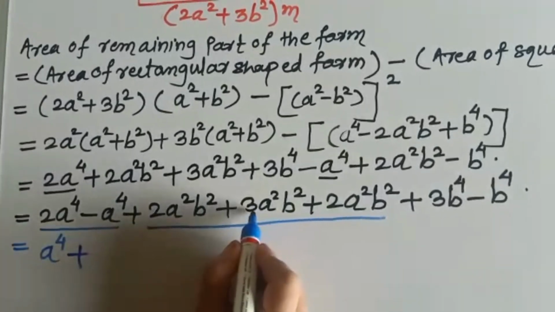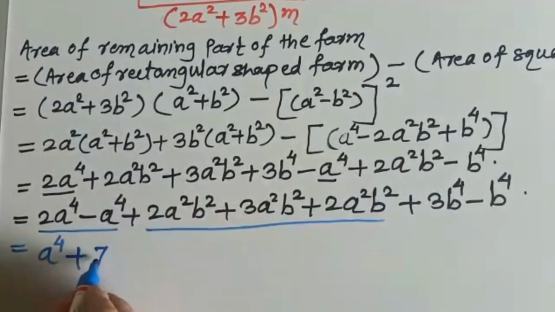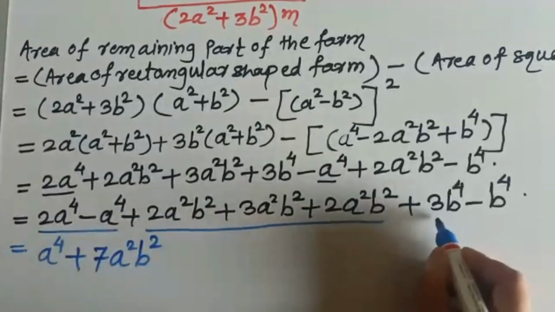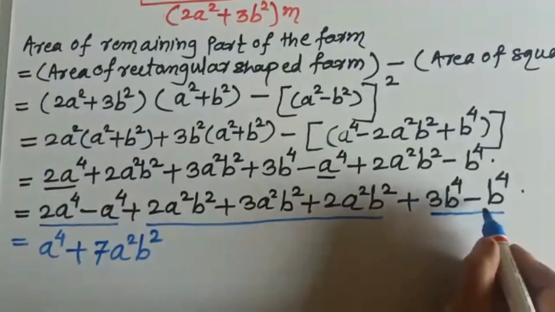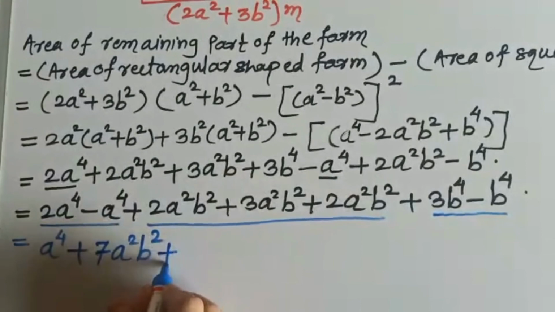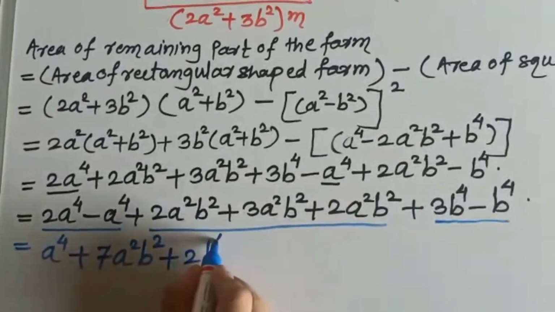So 2 plus 3 is 5, and 5 plus 2 is 7, so it is 7a square b square. Got it? Now for this last pair, 3b raised to 4 minus 1b raised to 4, 1 subtracted from 3, so plus 2b raised to 4 will remain.